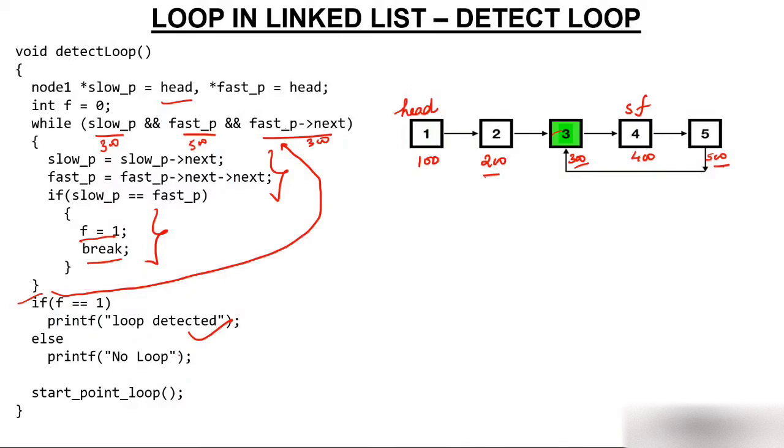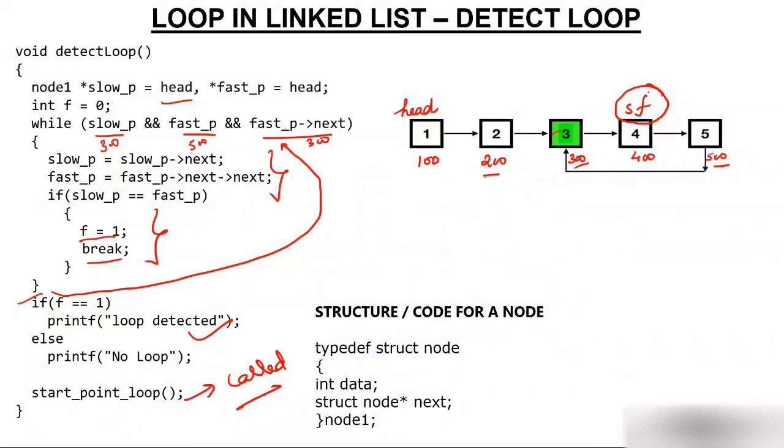The moment I detected a loop, my slow and fast pointers are at the fourth position. Always make sure that if there is a loop, then slow and fast will become equal. Fine.